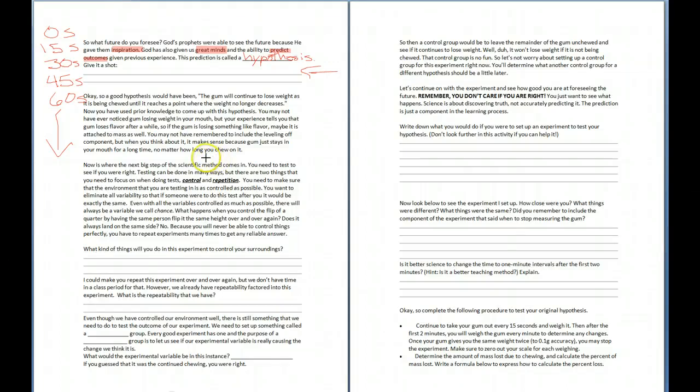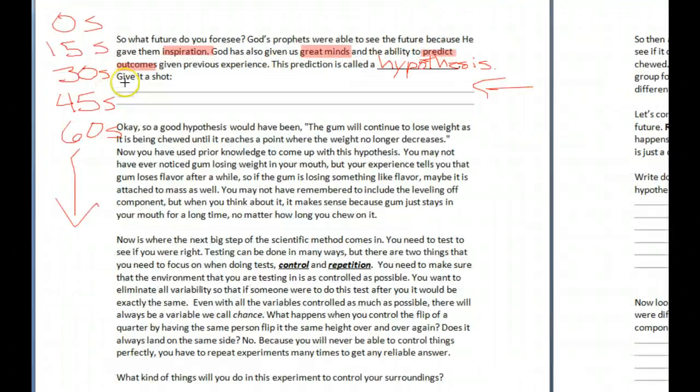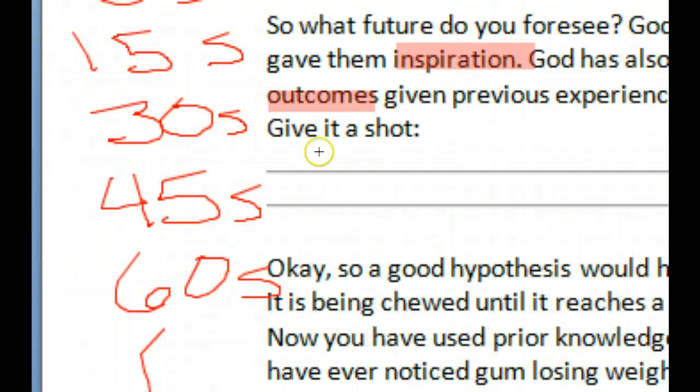Okay, so what was your prediction? Well, hopefully you made some sort of prediction that would have gone along the lines of continuing to lose mass, right? So your gum should have continued to lose mass. Now, that's just the first part.